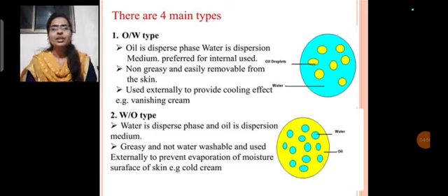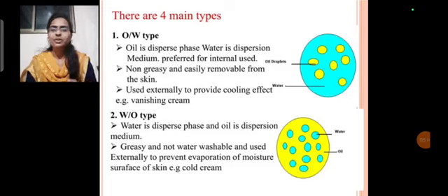In oil in water type of emulsion, there are two phases. First one is the oil phase and second is the water phase. That is, it is a biphasic liquid dosage form. Therefore, in that two phases are present.